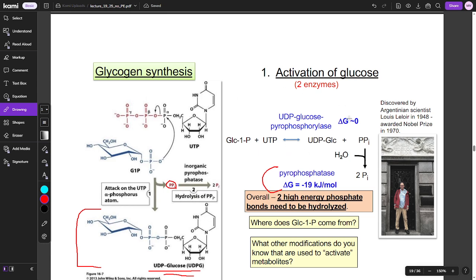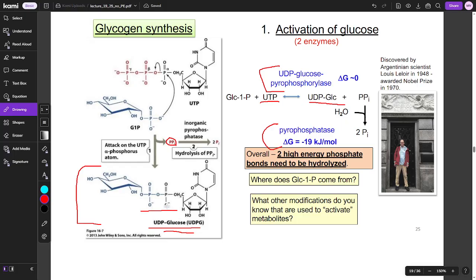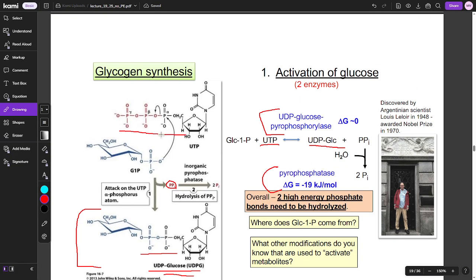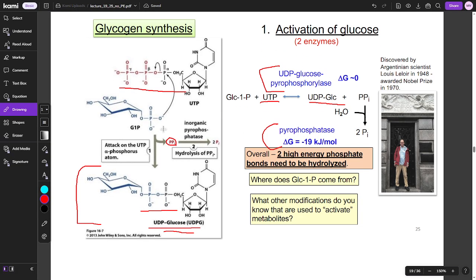The reason this reaction is favorable: the UDP glucose pyrophosphorylase addition of UDP onto glucose has no real delta G difference, because we're going from one phosphodiester bond into another phosphodiester bond. It's pretty much the same, so the delta G is pretty much 0 there.